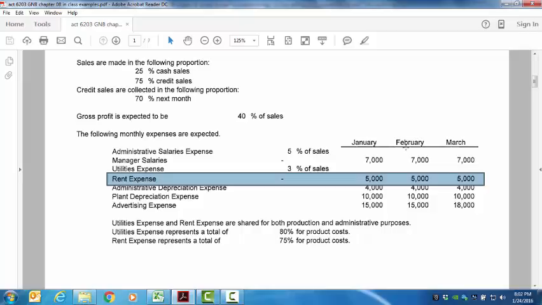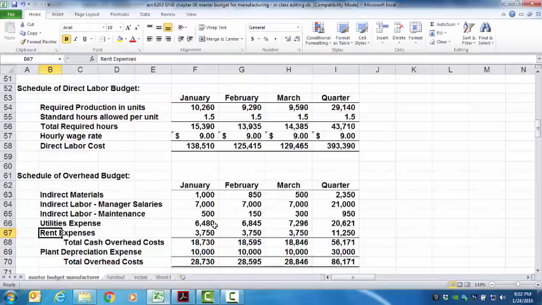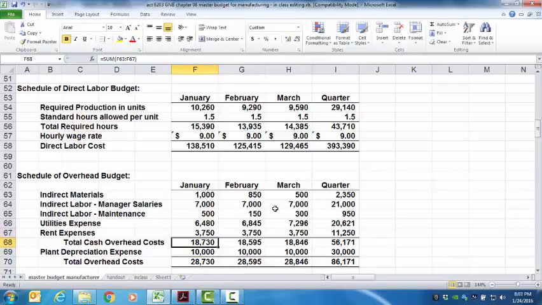So don't think it's always going to be the same. It just so happens that it is in this case for simplicity. And again, I know that rent is 75% on product. So we're going to take 75% of this $5,000 and attribute it for any given month. So 75% times the $5,000, and that's where the $3,750, and I'll do this for February and March, and of course I can add it for the quarter.